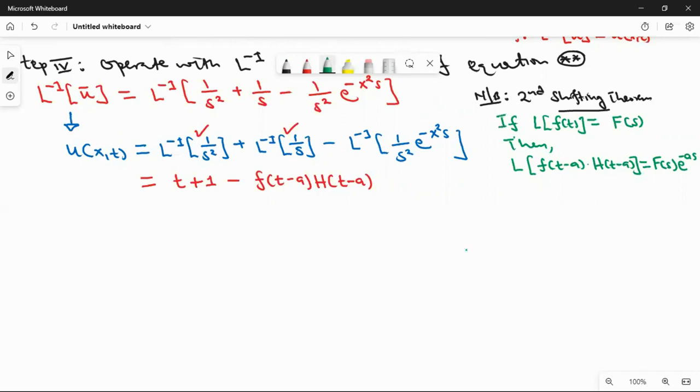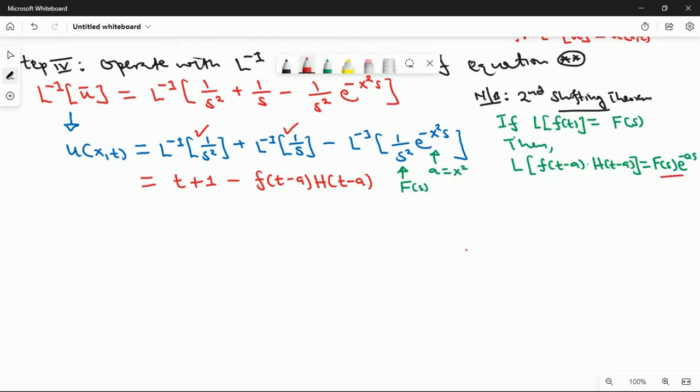So now when you get the inverse, I will assign this one to my F of s. And from here, it means that our a is equal to x squared. We are doing the comparison.